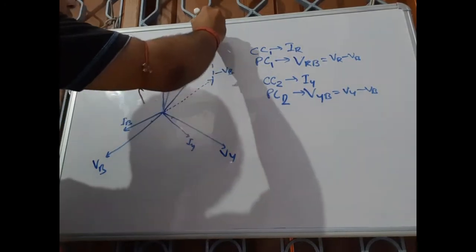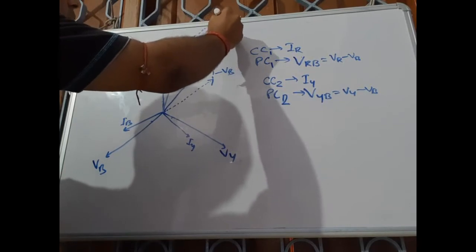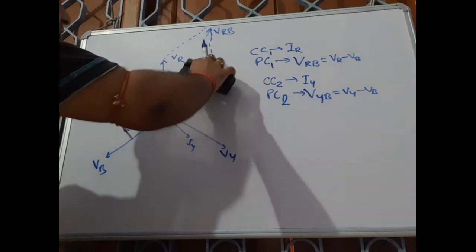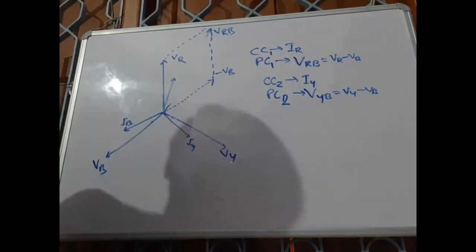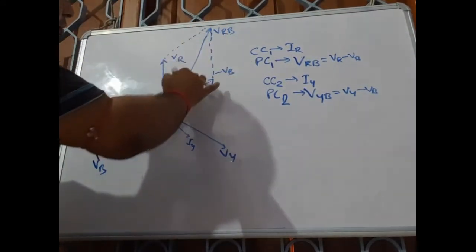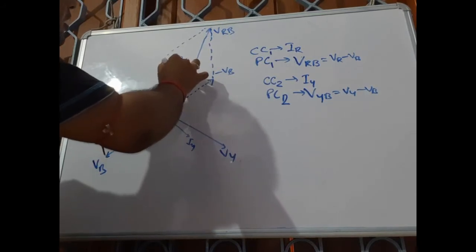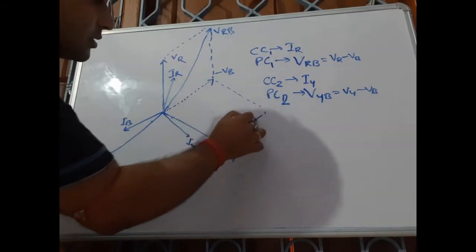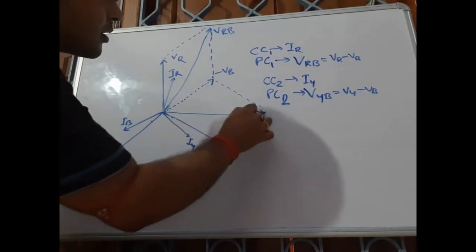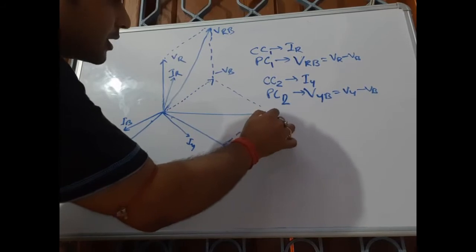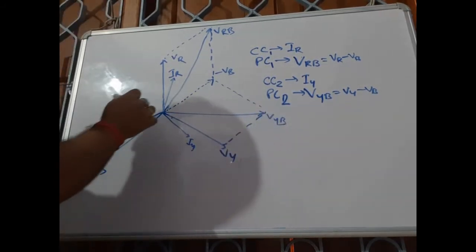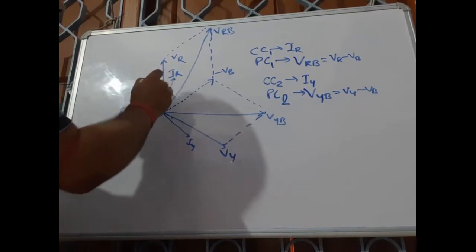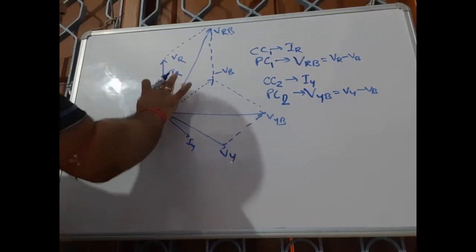So this will be VRB, and the resultant of these two will be VYB. Now the power factor angle of the load is say phi, right?